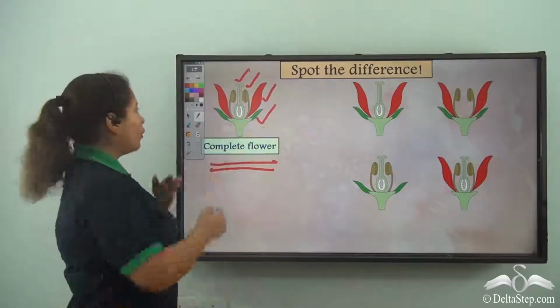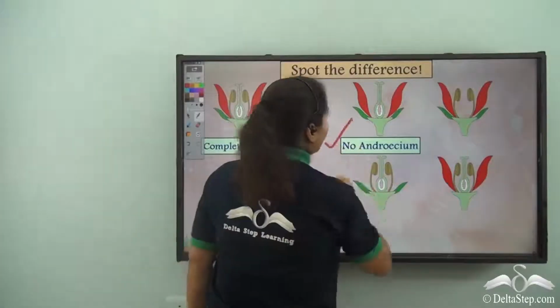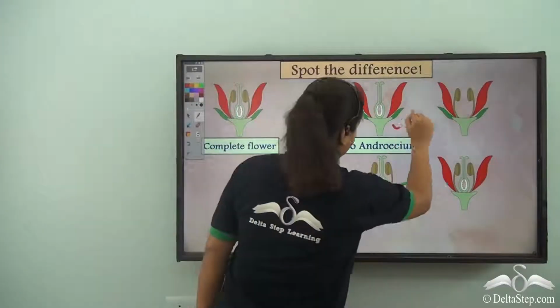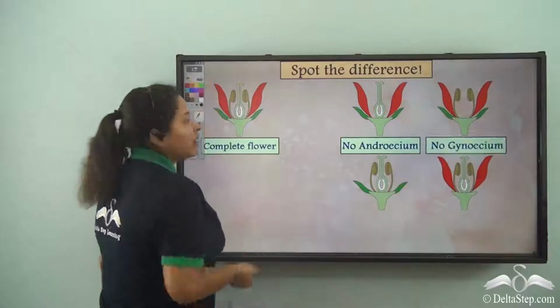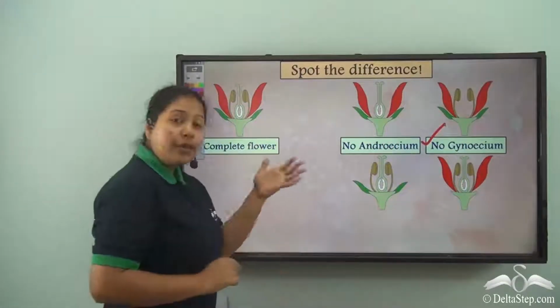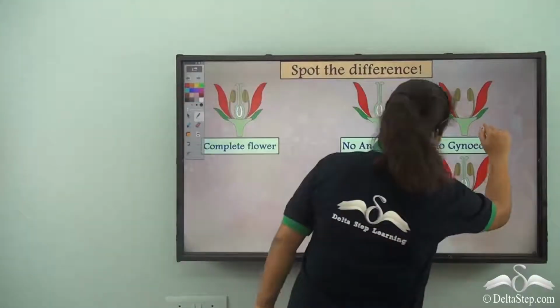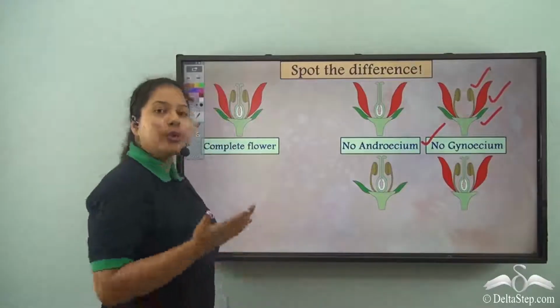But if you look over here, in the first flower, there is no androecium. There are only three parts, calyx, corolla and gynoecium. The next flower doesn't have gynoecium. Over here as well, the flower has three parts, the calyx, corolla, androecium, but no gynoecium.